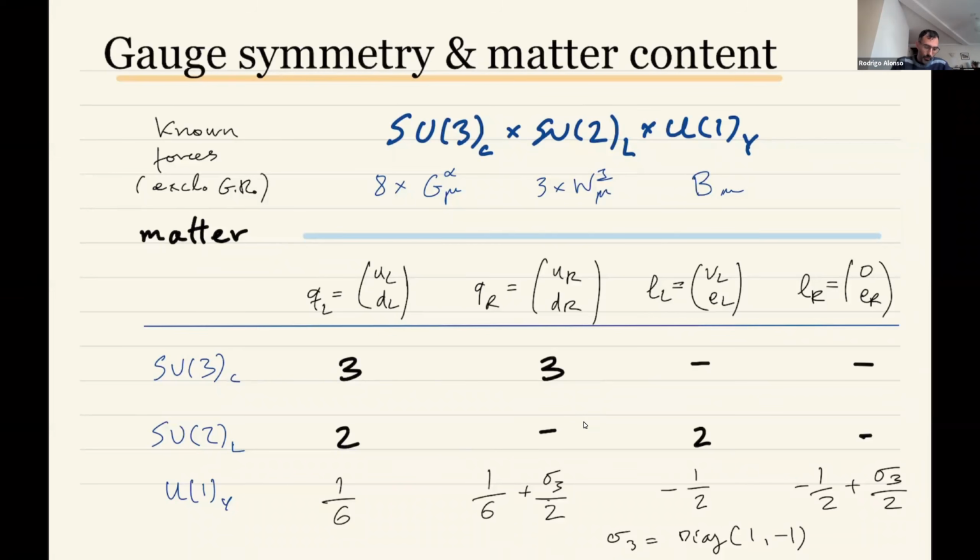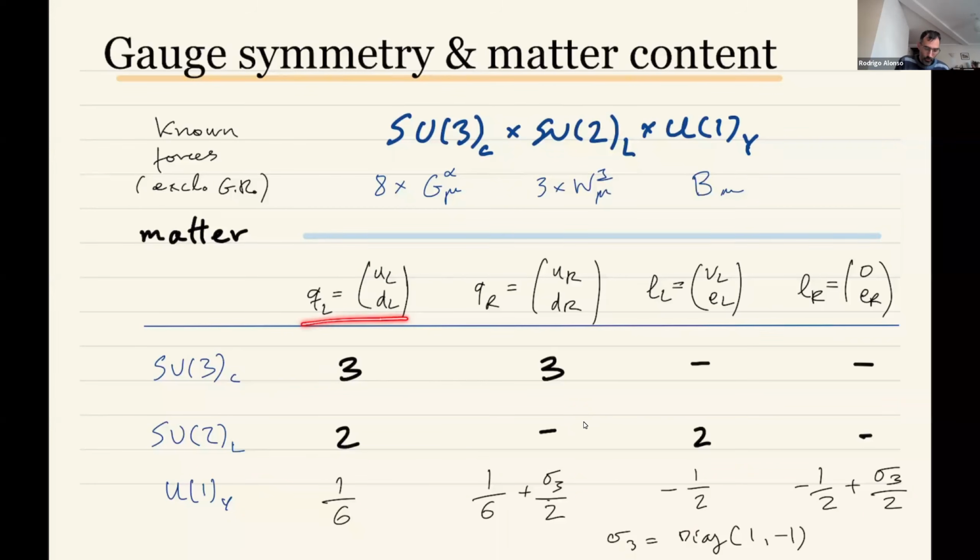And we classify this matter content according to the transformation properties under the gauge group. So for example, we'll denote Q_L the left-handed quark doublet with an up and a down. Each of these has a further flavor index, but we won't be talking much about flavor in these lectures, just so you know it's there.